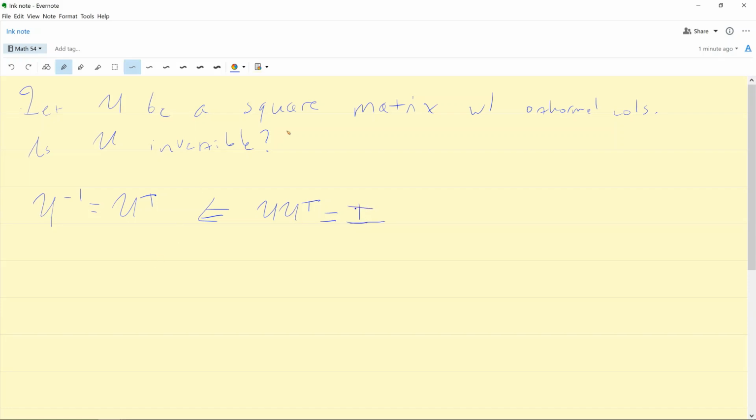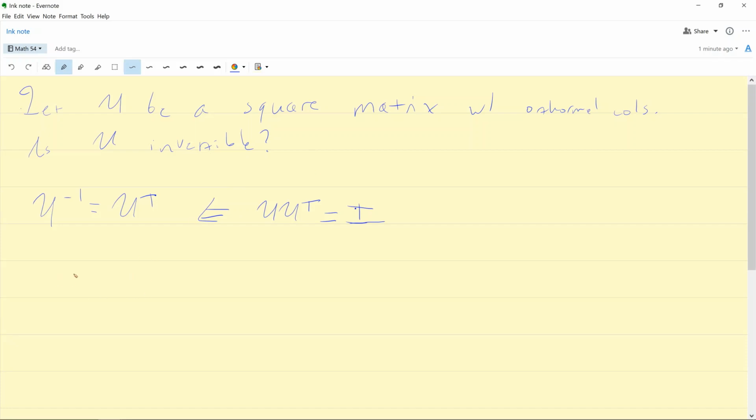So if we have a square matrix with orthonormal columns, this is actually going to be an orthogonal matrix. That's the question that we're trying to answer here. Because if it's invertible, then this will be true, and by this theorem, where this is the same as having orthonormal columns, we'll actually have this matrix being orthogonal.